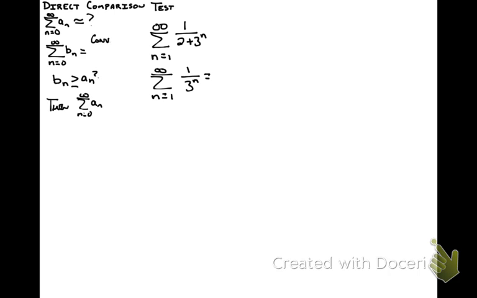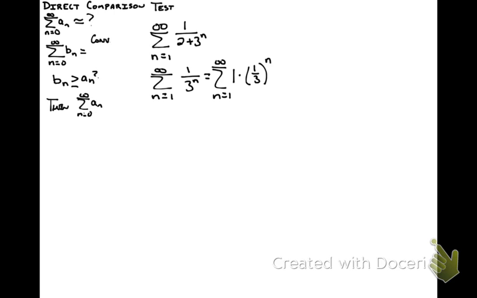Now in case you can't see that, let's be a little more formal here, and I'll just rewrite it in another form. This is equivalent to 1 times 1/3 to the n power.